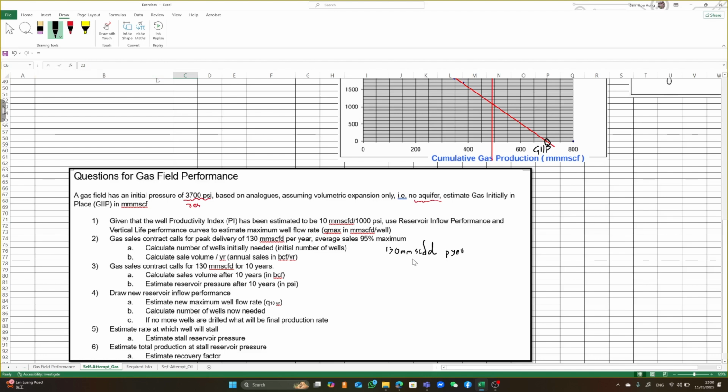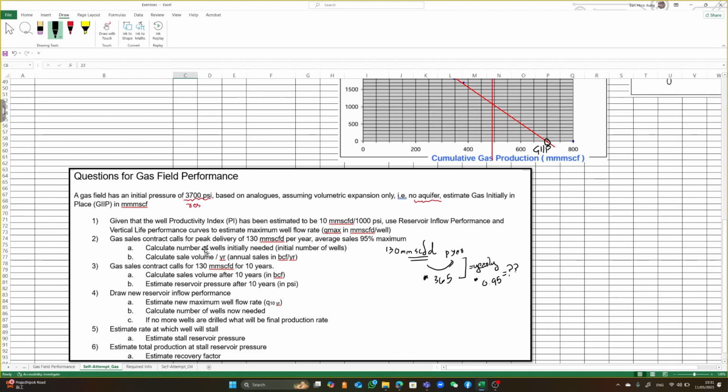So that means this is per day, and we have to multiply by 365 to know how much we need to produce according to the contract. And it has an average sale of 95% maximum. So we take the 130 million SCF per day profile times 365, which gives the yearly production, and it says 95% is sold, so we multiply by 0.95, and it will give us the amount. Okay, so I hope you understand that.